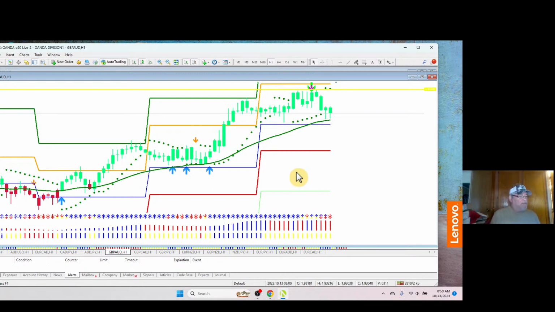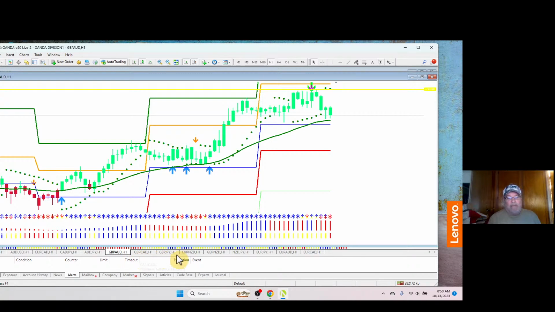They don't have the same ranges every day. That's why those are different, but the others are anywhere from Euro yen's like 40 to 45, pound Aussie's 50, and it depends on where the range was, where it started out for the day, and how far it's got to go, because the pound Aussie can go anywhere from 100 to 120 a day.